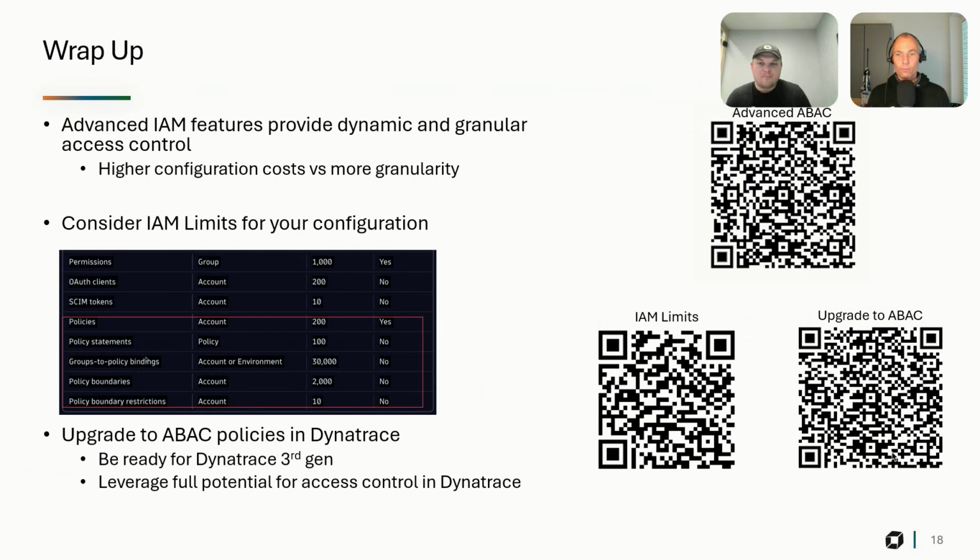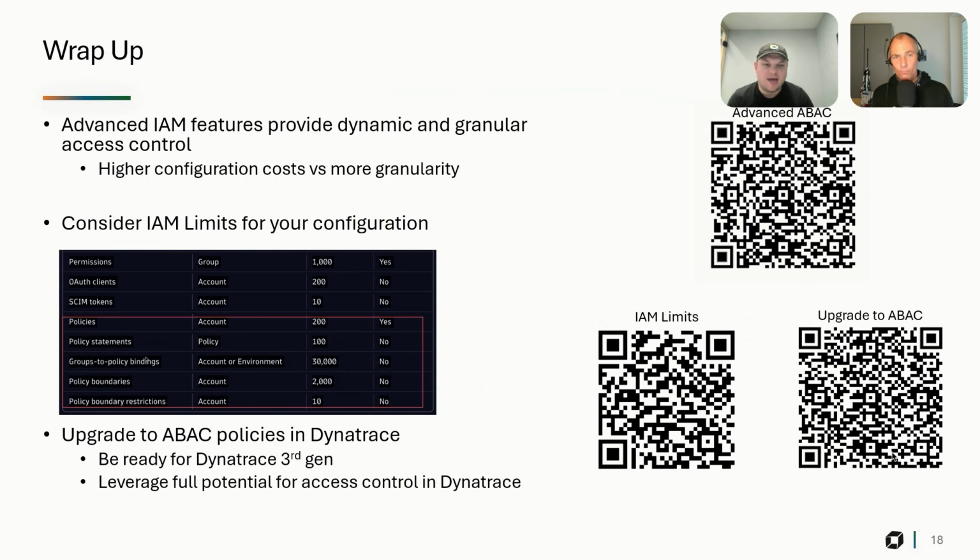Another important thing is that we have certain limits in place that should be considered. There's a QR code where you can look that up. Also, since we are pushing our attribute-based access control system with IAM policies, we know we have a lot of customers that are still on the role-based system.